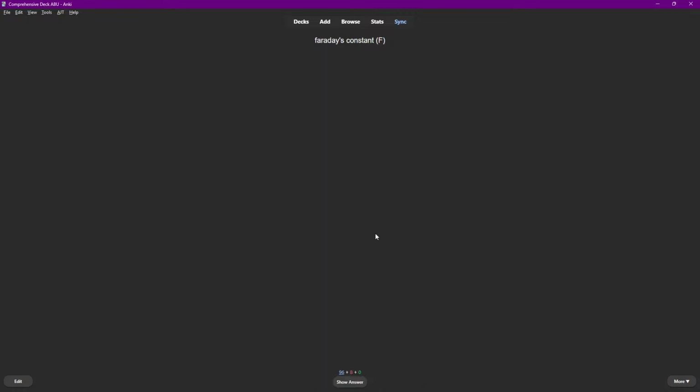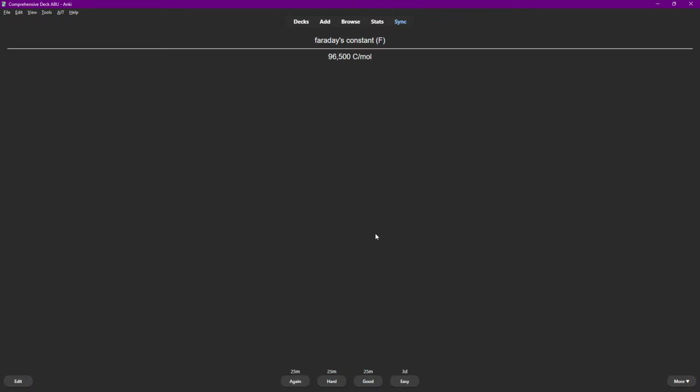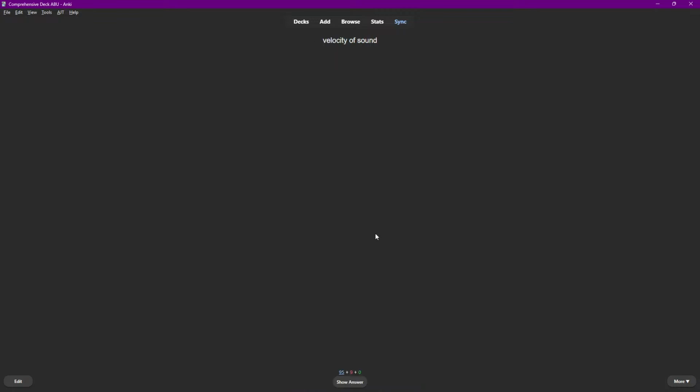Yes. Faraday's constant. I don't know Faraday's constant. I didn't learn that one, so let me write that one down. I don't even know when to use Faraday's constant. 96,500 coulombs per mole. Velocity of sound.